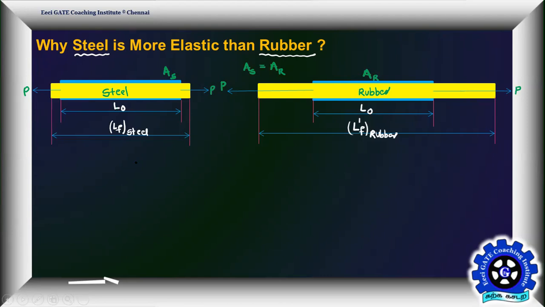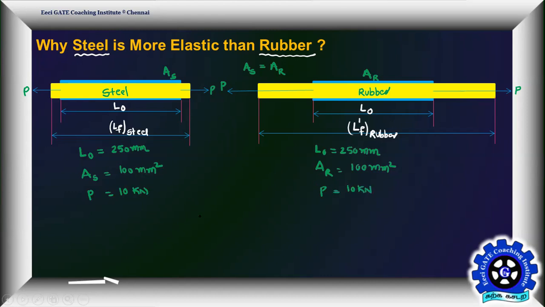For example, L naught is 250 mm in both cases, the area is 100 mm square in both cases, and the load is 10 kilonewton in both cases.